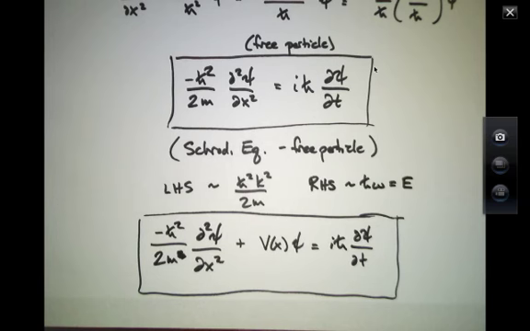But this one has the property that it's linear. That is, it'll obey the superposition principle. If two different wave functions are both solutions, then the sum of them will be. And it has the kind of build-up, the kinetic plus potential equals a total energy, so it has some basis in a physical law.